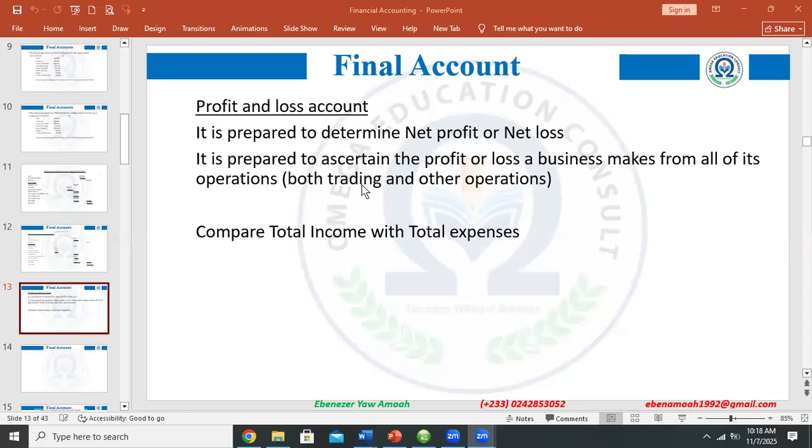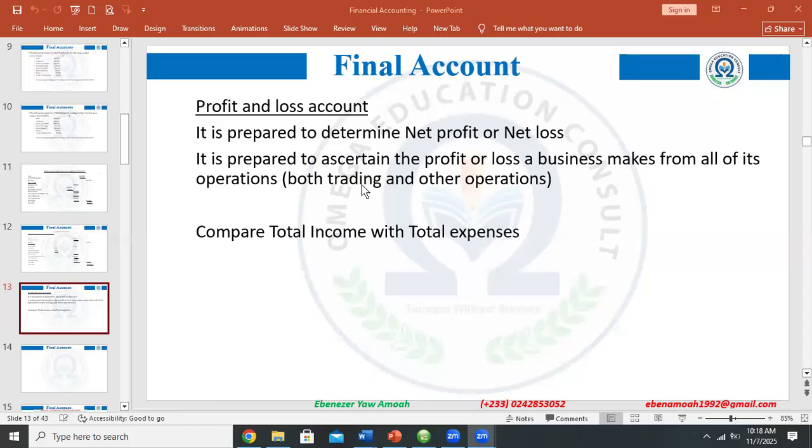This television business trader can also go to the bank and do an investment, of course, with some of the money from his trading business. But that investment is not his main trading business. So it's also classified as what? Other operations.